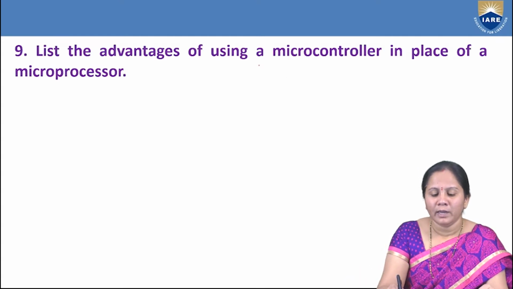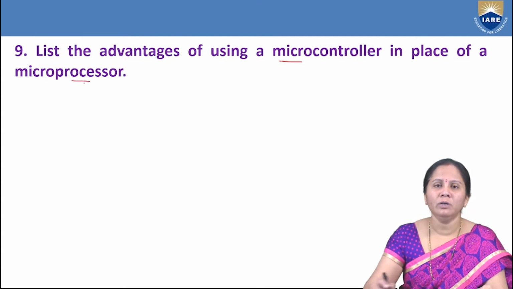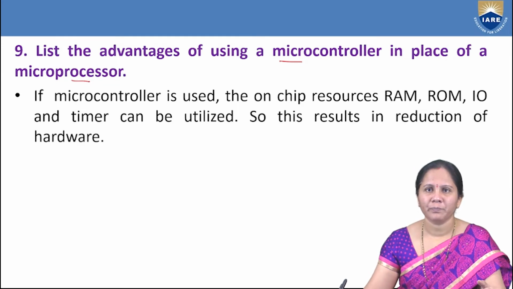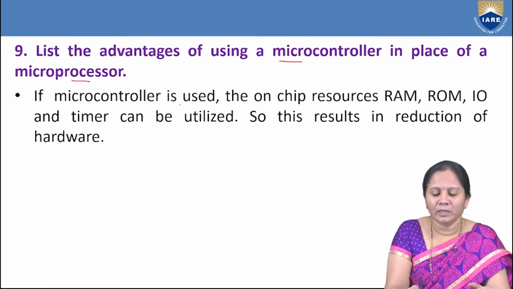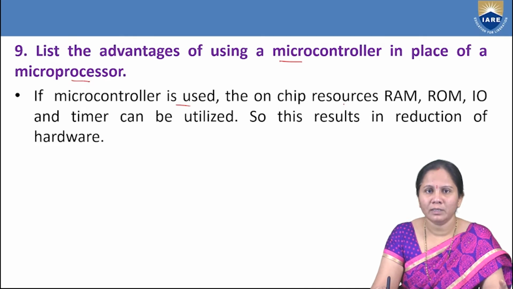And list out the advantages of using a microcontroller in place of a microprocessor. That means what are the advantages if we use a microcontroller instead of a microprocessor? When a microcontroller is used, on-chip peripherals are available inside the microcontroller like RAM, ROM, IO ports, timers.